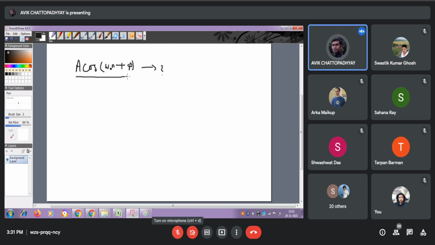I have already told you that any sinusoidal signal, sine or cosine, is infinitely extended, from minus infinity to plus infinity. So here also this signal is infinitely extended. The extent is infinity, the length is infinity.